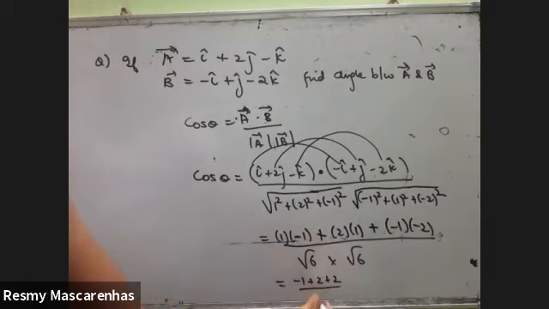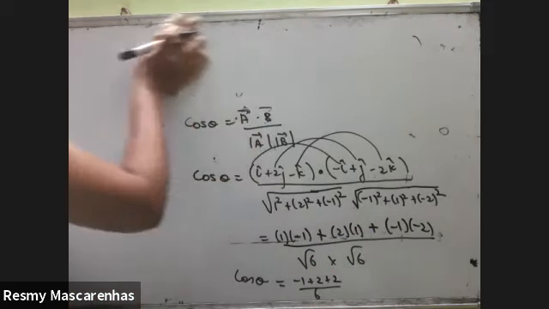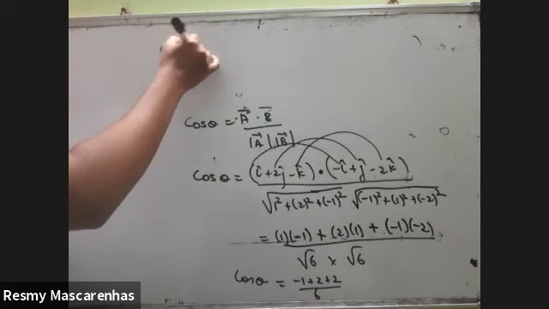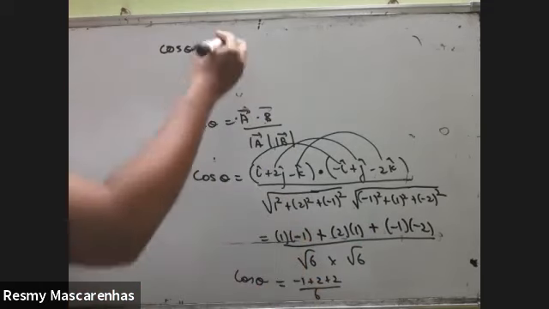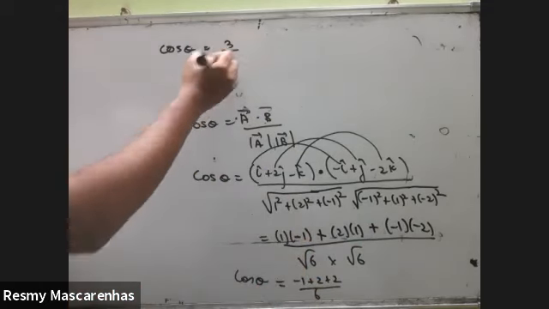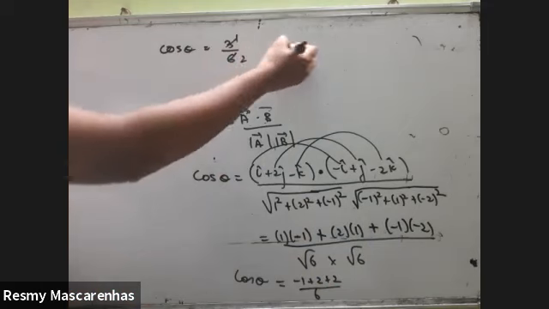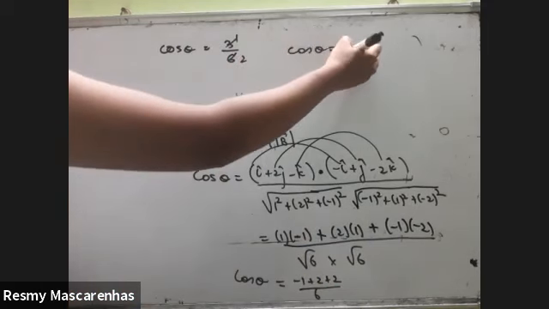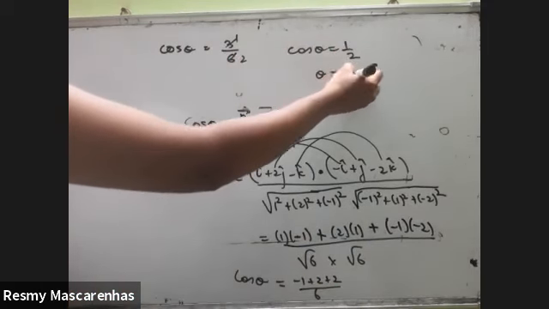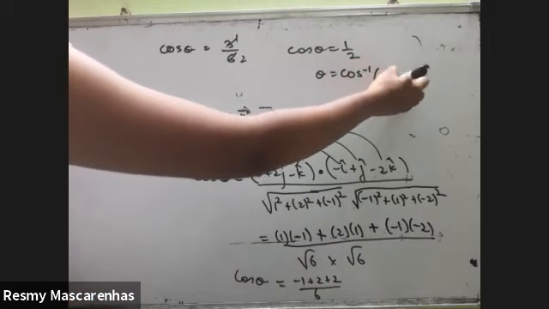Root 6 into root 6 will give me 6. Cos theta will be 4 minus 1, that is 3 by 6, will cancel. So cos theta will be 1 by 2. So theta is cos inverse of 1 by 2.